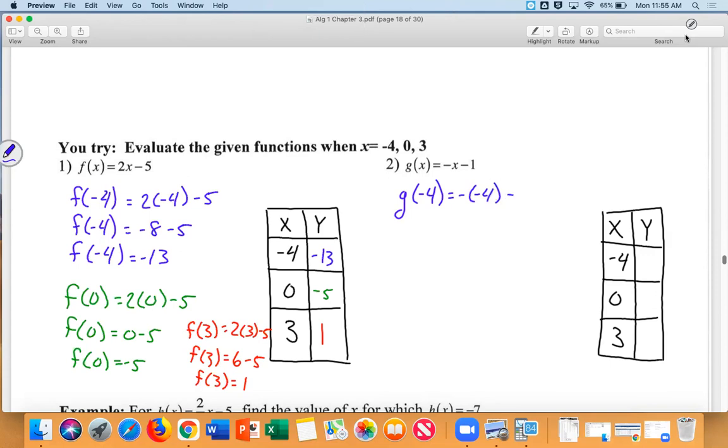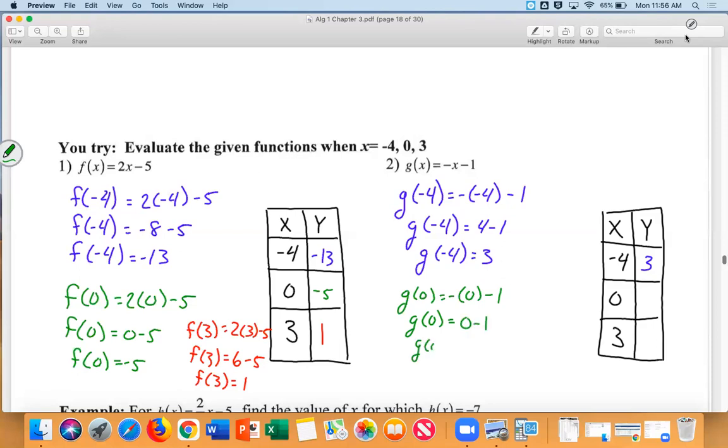Negative negative 4. Two negatives make a positive. So what is 4 minus 1? Annie. Negative 0 is what? What is negative 0? 0. What's 0 minus 1?